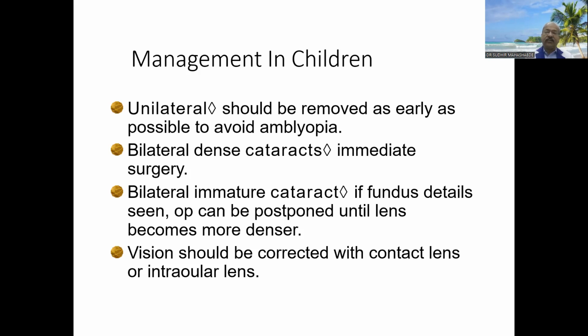If there is a bilateral immature cataract, and the fundus details are visible, operation can be postponed until the lens becomes denser and the patient's vision has gone down. Vision should be corrected with contact lenses or intraocular lens in case of children.